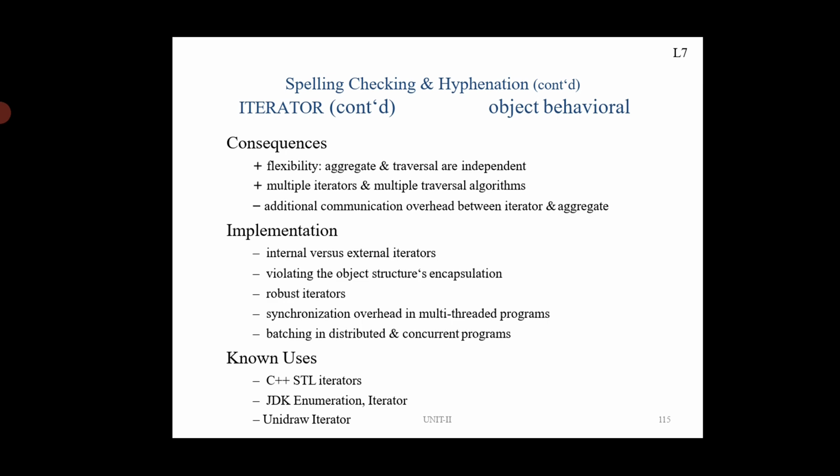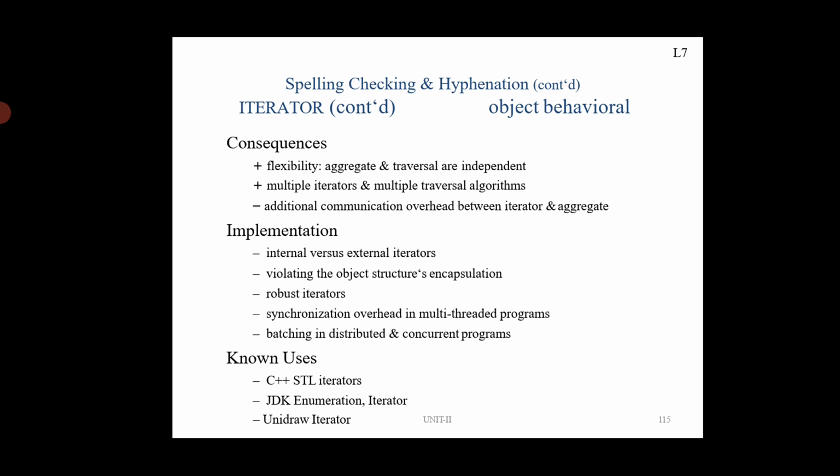We are studying here synchronization, how it is synchronized in multi-threaded programs, more than one thread at a time. More than one traversal can be pending on an aggregate. Here an iterator keeps track of one traversal state, so it can have more than one traversal in progress at once.